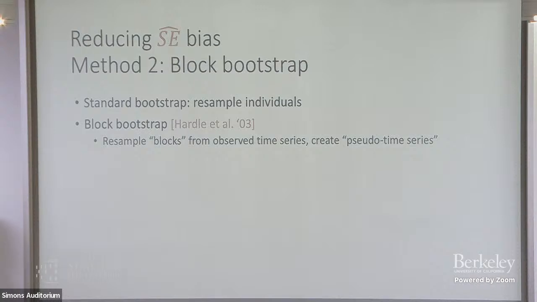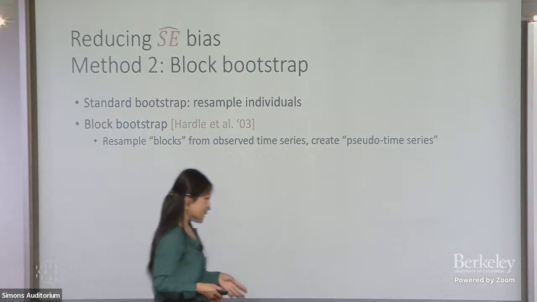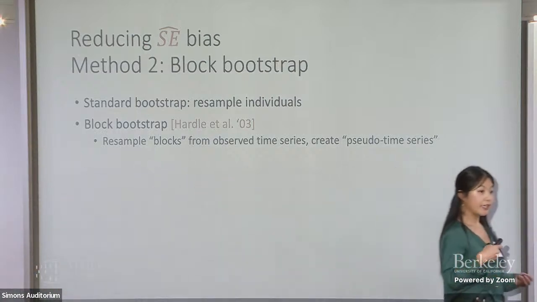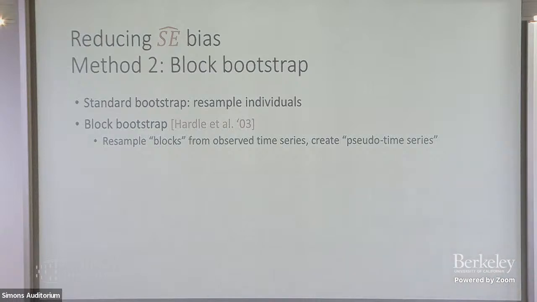I won't spend too much time on this, but for standard bootstrap methods, you resample individuals from your population, calculate the quantities you're interested in from these resampled individuals, and repeat this multiple times to get an estimate of how much you can differ.